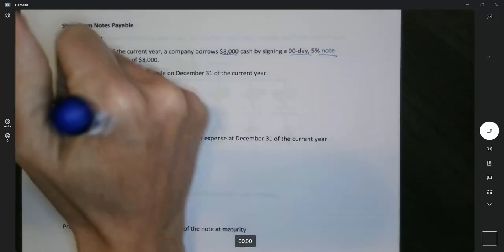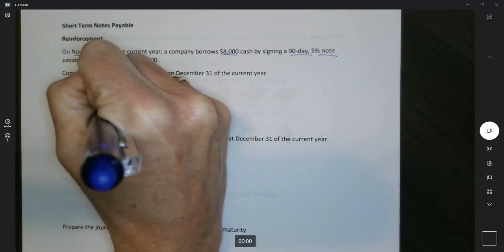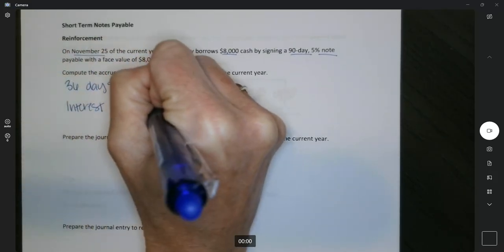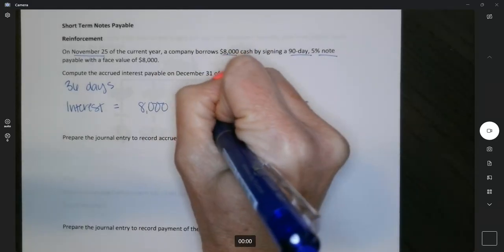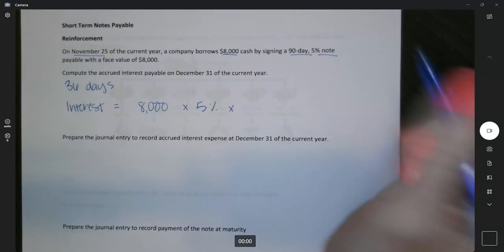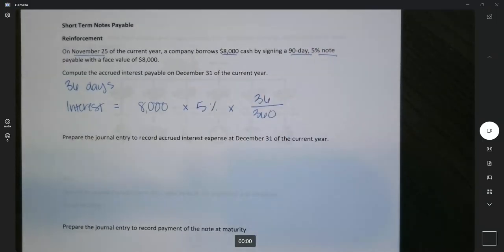To calculate interest in our class, at the end of the year, we're going to take the 8,000 face value. We're going to multiply it times the 5% interest rate, and then times the 36 days that have passed out of 360. Now, always in our book, we use the banker's rule. We use the 360 as our denominator.